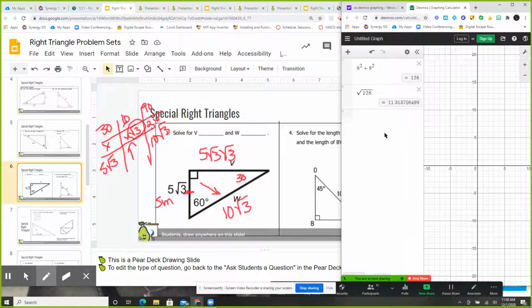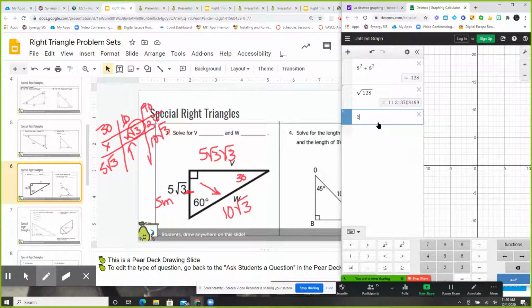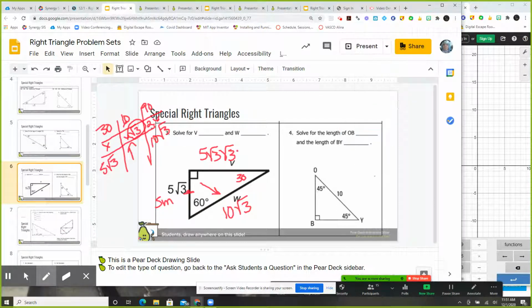There's no need to stress our brains over that. 5, and then square root of 3, and square root of 3 more. And what do you get?